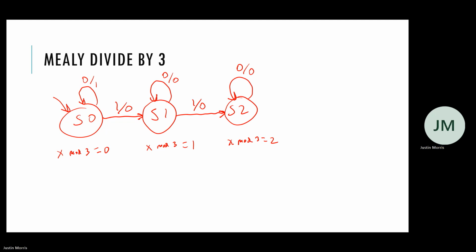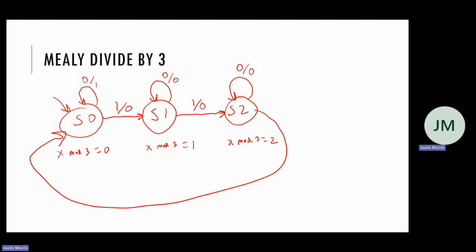But if I see a 1, now my remainder would change from 2 to 0, because once I get to 3, I'm at the next threshold and the number is now divisible by 3. So I would go all the way back over here. I get a 1, I output 1.